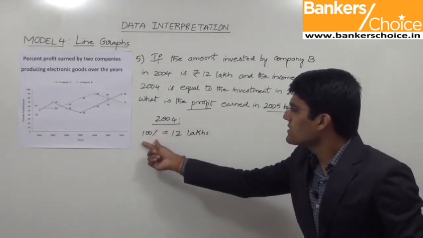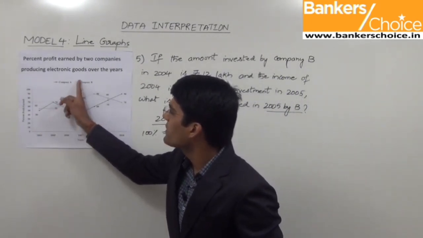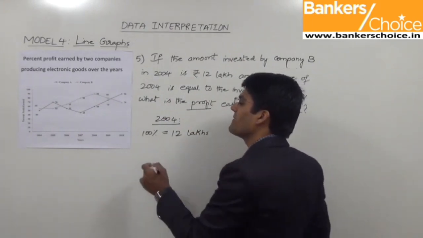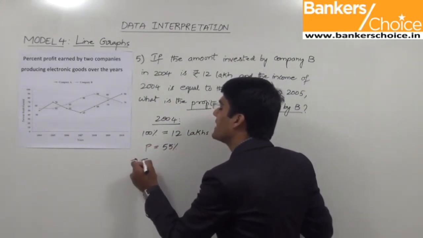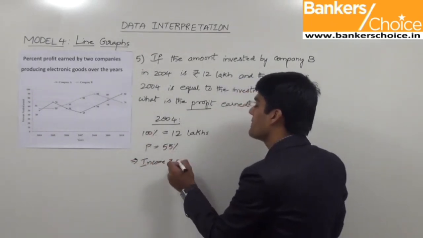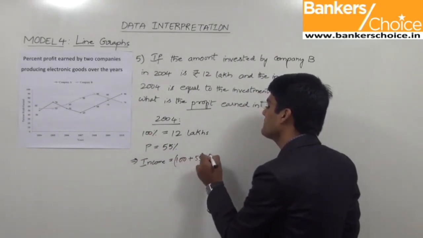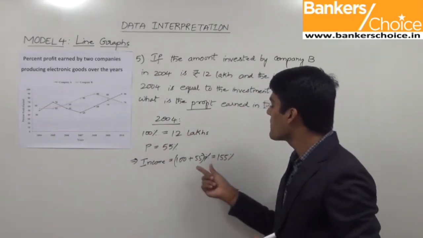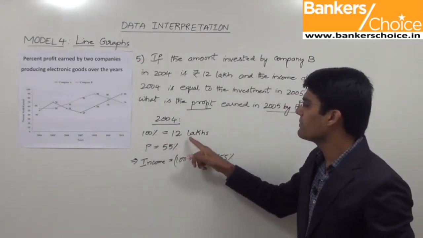Now, we know that in 2004, 100% is 12 lakhs, and from the graph, in 2004, the profit of company B was 55%. So the profit here is 55%. If profit is 55%, we can say that the income of company B in 2004 should be 100 plus 55, that is equal to 155%. So in 2004 the income of company B was 155%, and we know that 100% was 12 lakhs.